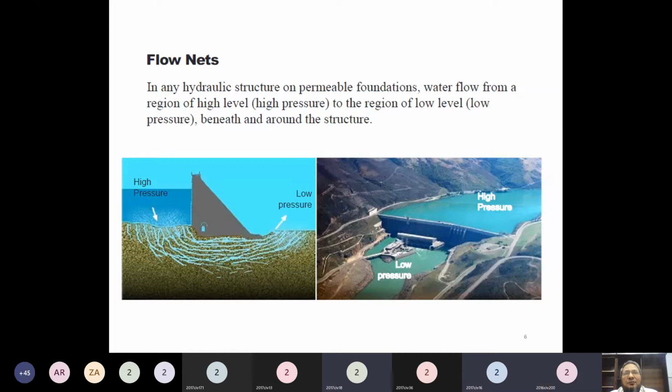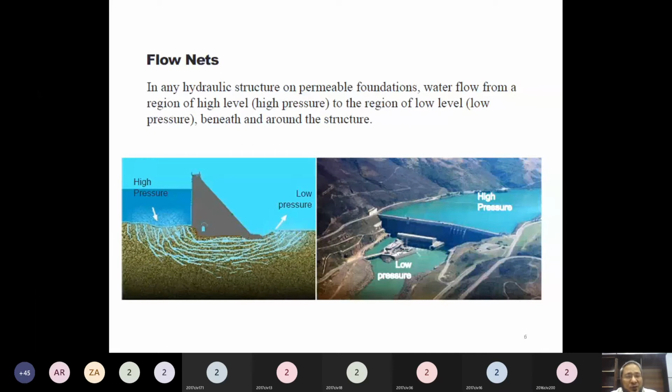Yes, sir. The flow net is basically a graphical representation of ground flow. Actually, it is the graphical representation of flow of water through the porous medium, with the streamlines, intersection of streamlines and equipotential lines.